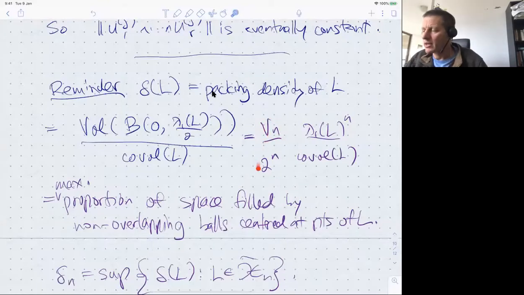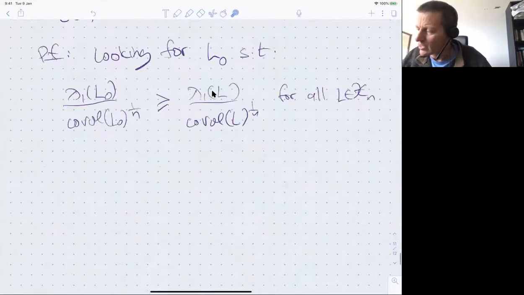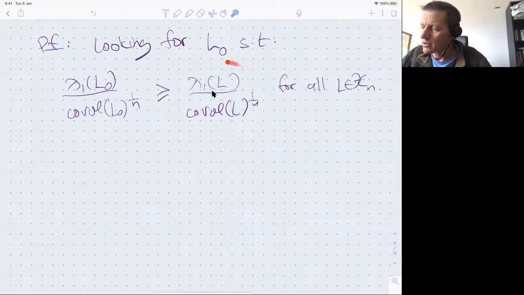This is a constant depending on our dimension. So I need to maximize this quantity. And maximizing this quantity is the same as maximizing the same quantity taken to a power 1 over n. So taking power 1 over n, this becomes lambda 1, and this becomes co-volume to the power 1 over n. So that's why this is what I want to maximize.